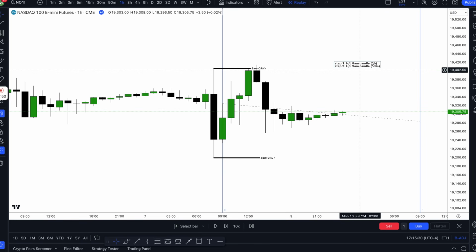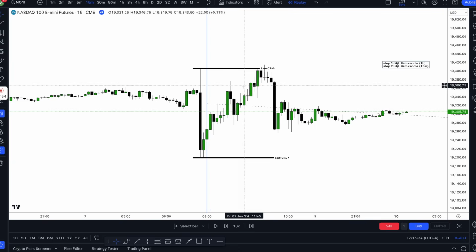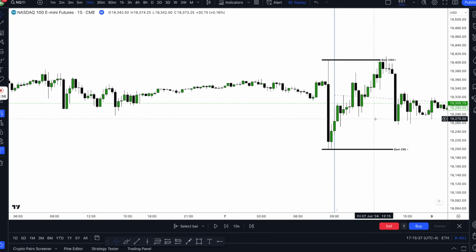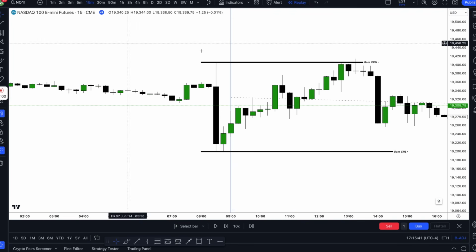Step 2, drop down to the 15-minute time frame and draw out the 9 a.m. candle range high and low. So high and the low.